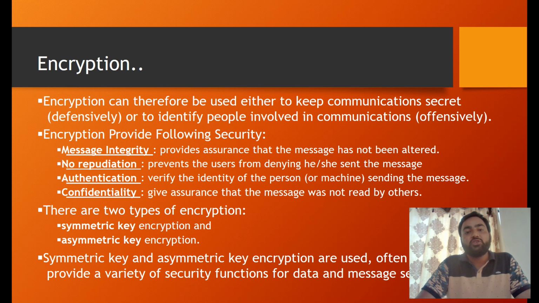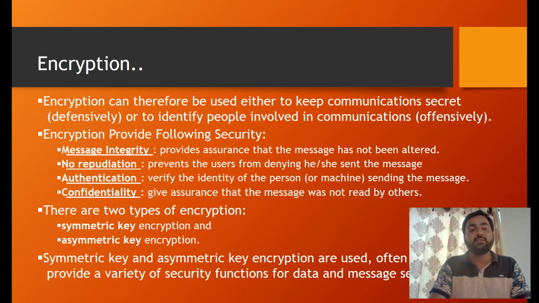And there are basically two types of encryption, that is symmetric key encryption and asymmetric key encryption. Symmetric key and asymmetric encryptions are often used to provide a variety of security functions for data and message security.